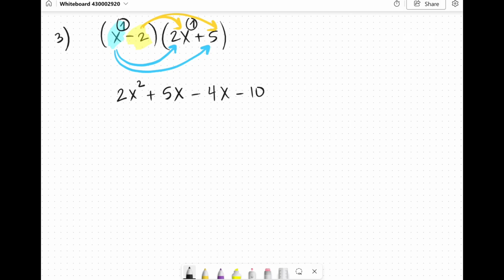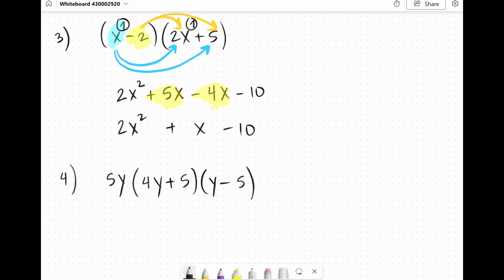This question is not complete because you have a pair of like terms that you have to combine. Positive 5x and negative 4x together will make you a positive 1x. So 2x squared plus 1x, or you could just write x minus 10 is your final answer.